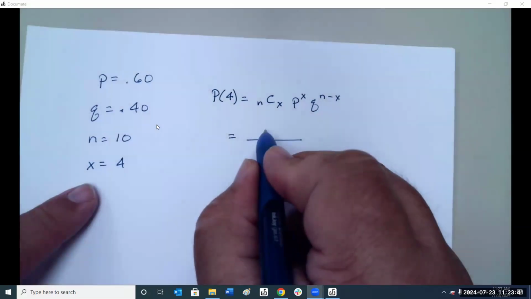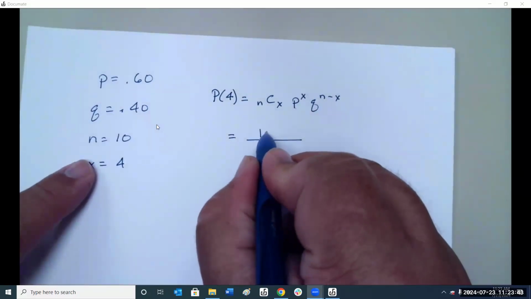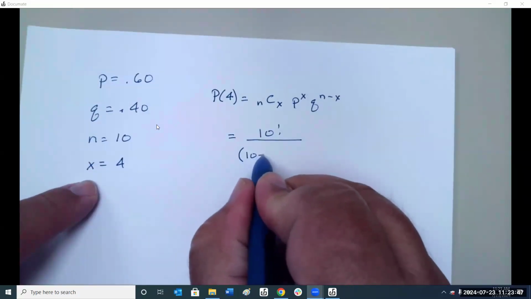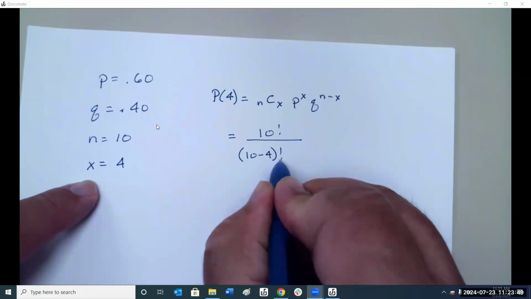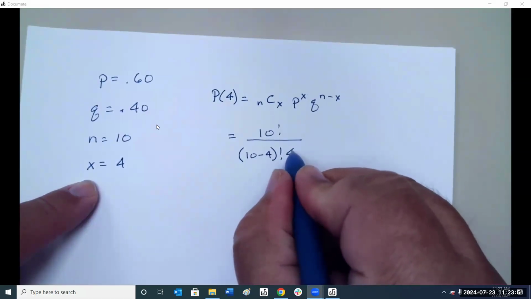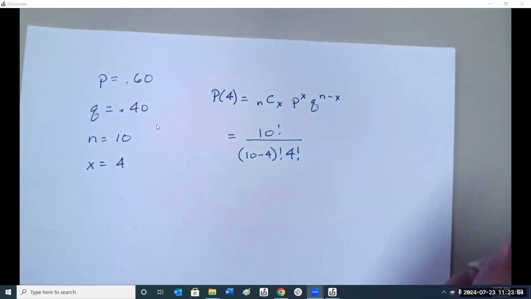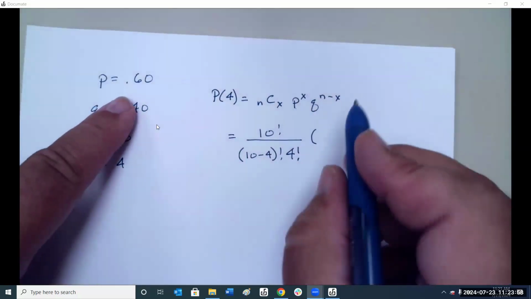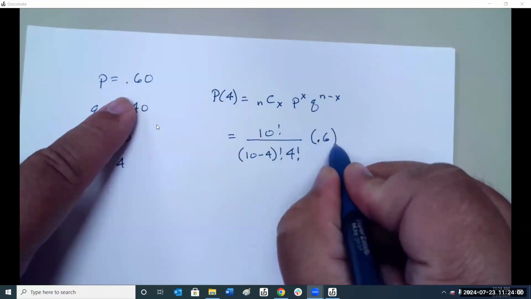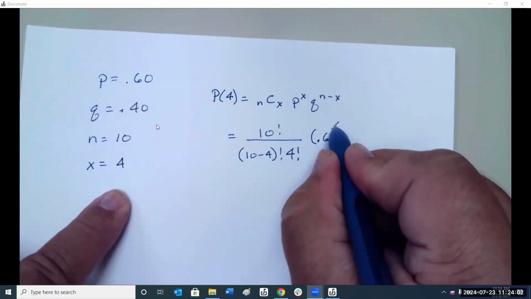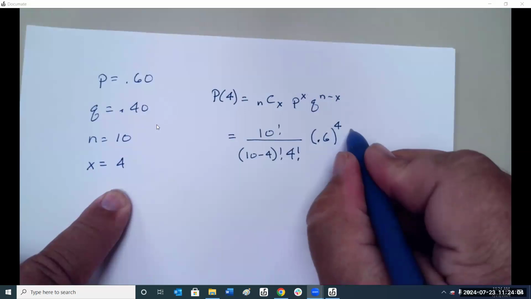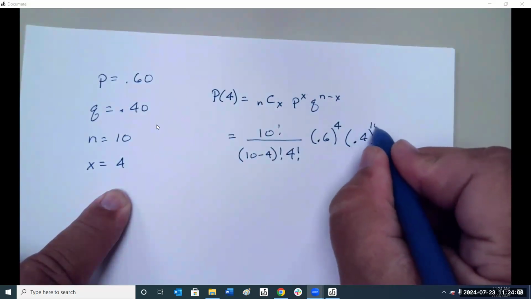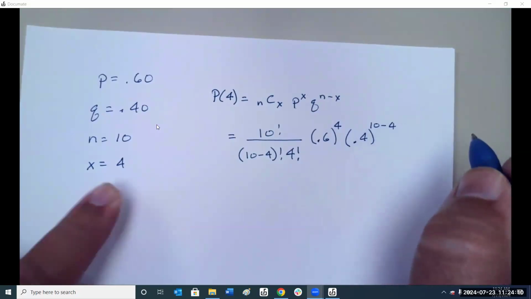So n factorial would be 10 factorial, divided by 10 minus 4 factorial on the bottom times 4 factorial, times the probability of success 0.6, and we want 4 of those, so 0.6 to the power 4, and 0.4 to the power 10 minus 4.